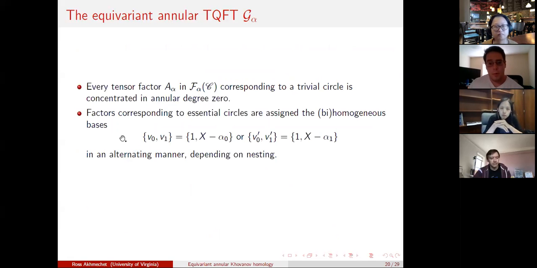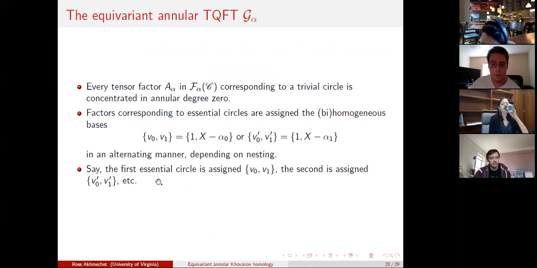Now here's the important point. Factors corresponding to essential circles are given homogeneous bases, either V null, V1 or V null prime, V1 prime, in an alternating manner, depending on the parity of the nesting of the essential circle. The only thing that switches between these two bases is x minus alpha null and x minus alpha 1. So there's this alternating thing that happens.